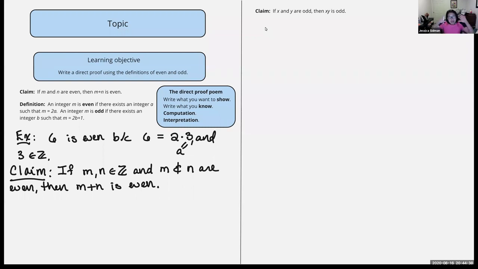Then, using that definition, I try to find a very small computation that I'm going to do. Then I end the proof by writing down an interpretation of my computation that connects those manipulations to the definition. The star of my proof is the logic.